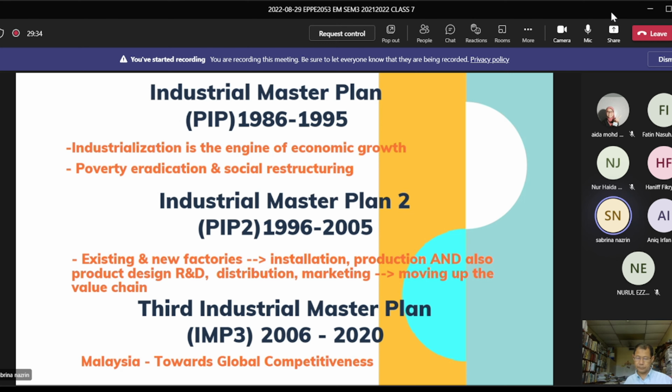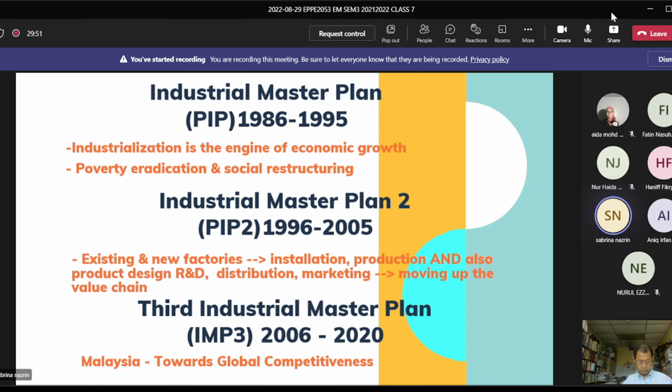The objective of IMP1 is the manufacturing sector, economic development, and NEP. Optimal use of national resources, added value, local technology development.